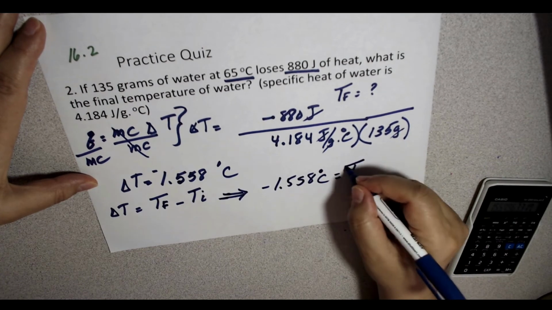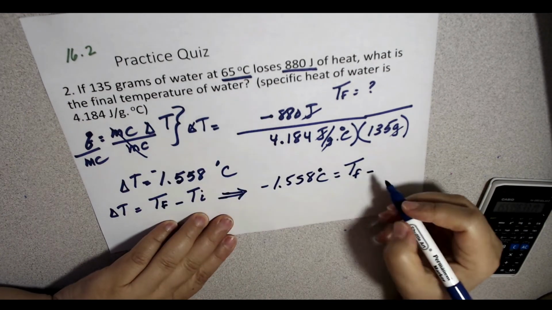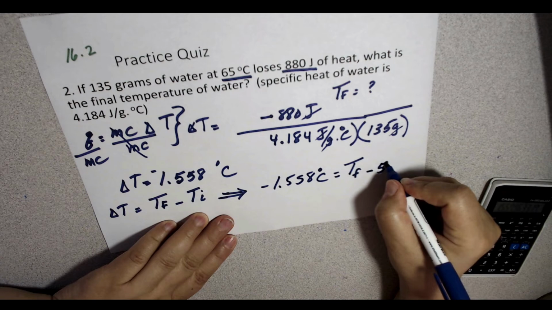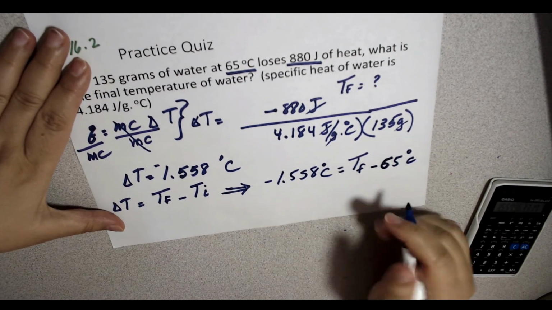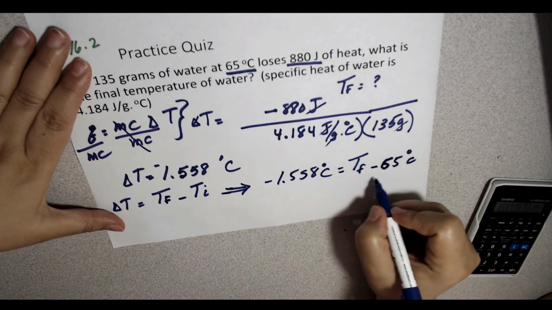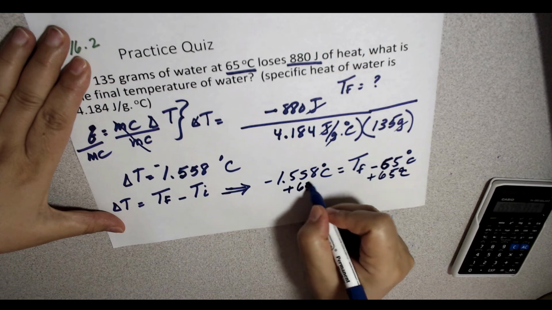equals final, we don't know, and then initial is 65 degrees Celsius. To solve for the final temperature, we're going to add 65 to both sides.